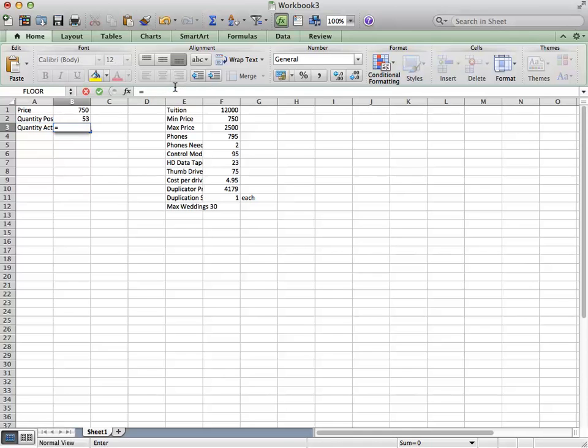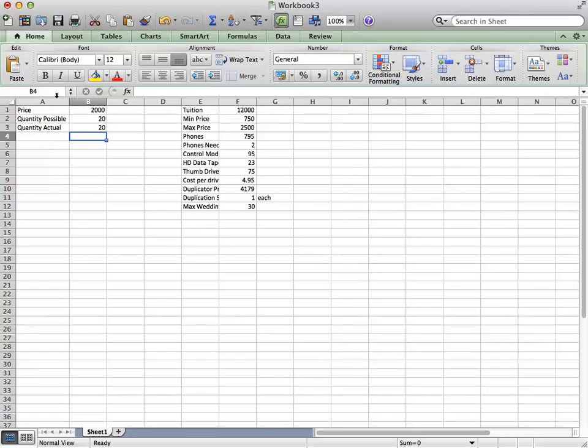And quantity actual is equal to if the quantity possible is greater than the max, then put the max, else put the quantity possible. So the max weddings is 30. Okay, so if we charge 1,000, that means the possible is 40, so we could still only do 30. If we charge 2,000, and now we start seeing the quantity actual changing.